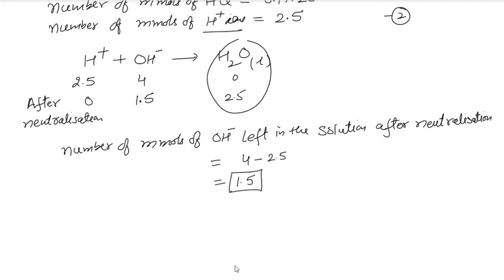So the OH negative ions left after neutralization are 1.5 millimoles.